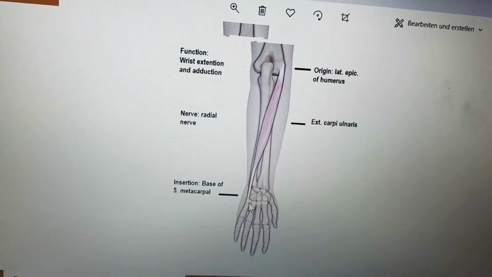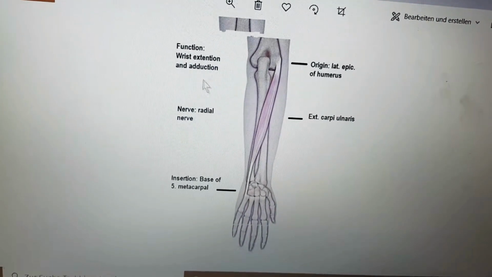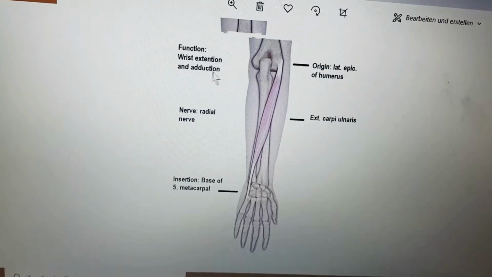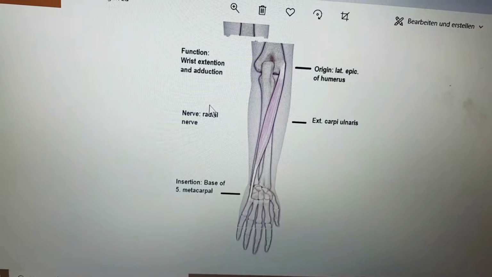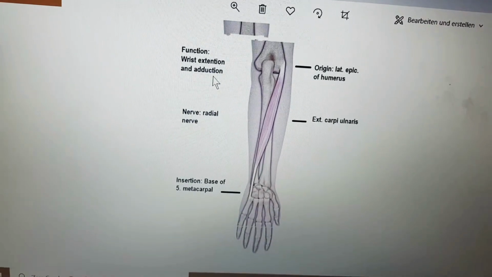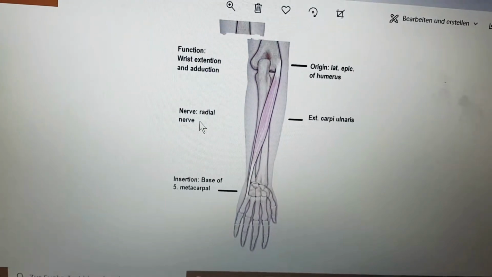And the function of this muscle is wrist extension and adduction. It makes the extension of the wrist joint and adduction of the hand at the wrist joint. The nerve supply of this muscle is the radial nerve.